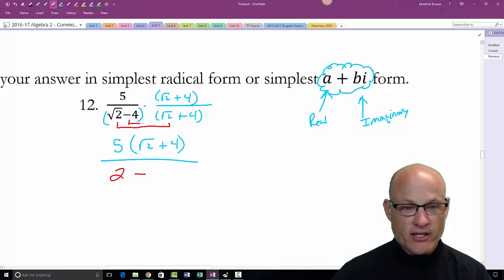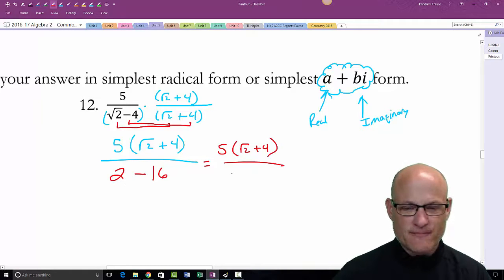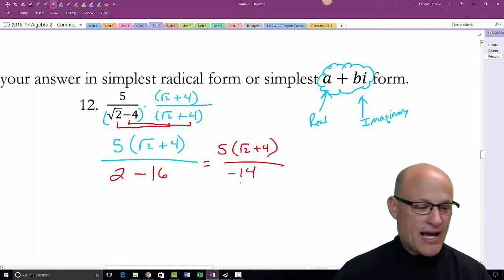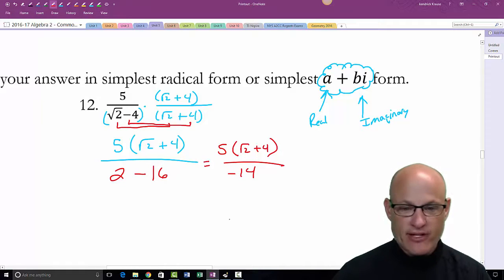Minus the negative 4 times positive 4 is negative 16. So my answer is 5 square root of 2 plus 4 all over, what is 2 minus 16? Negative 14. I do not like negatives in the denominator. Just hate them there. Put it out front or put it in the numerator. 5 square root of 2 plus 4 all over 14.